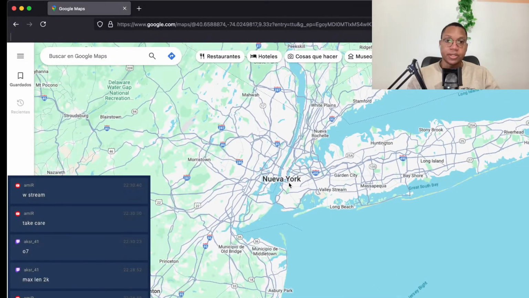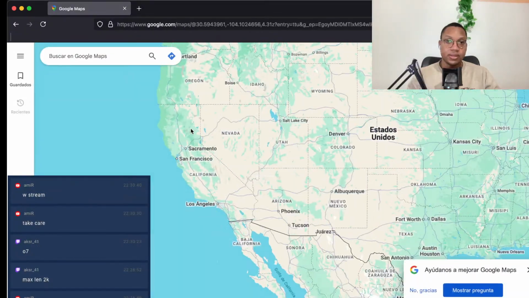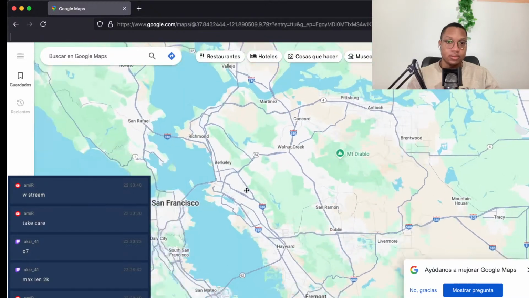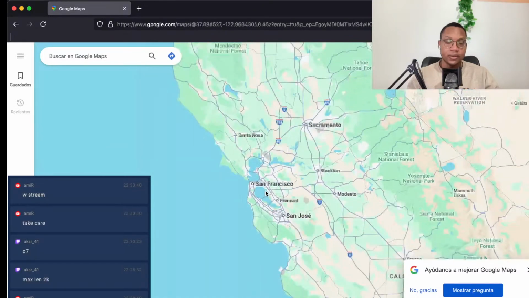And also just the market for business. I think for growing a business, San Francisco would be good. It would have a lot of stuff going on.